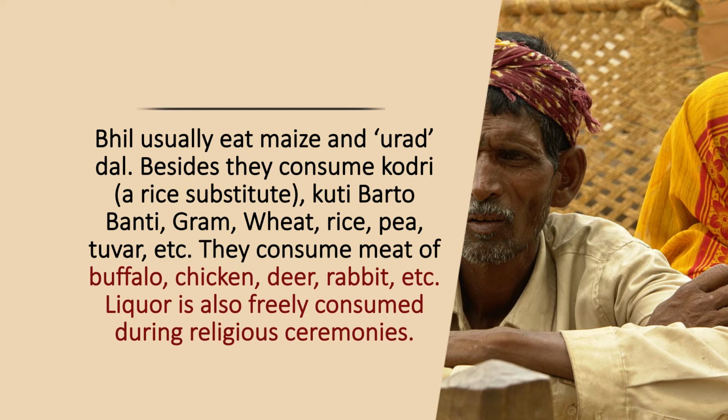Besides, they consume kodri, a rice substitute, kuti, barto, banti, gram, wheat, rice, pea, tuor, etc. They consume meat of buffalo, chicken, deer, rabbit, etc. Liquor is also freely consumed during religious ceremonies.